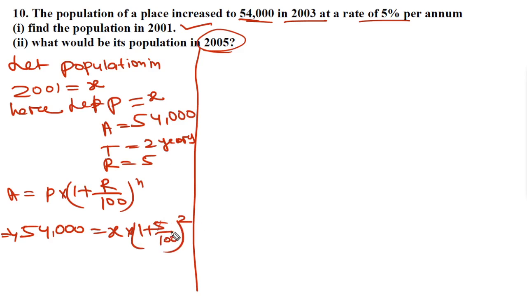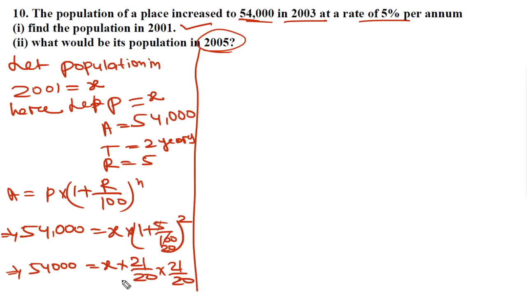Now you can cancel it here. It will be 20. So 1 plus, it will be 21 by 20. So implies 54,000 is equal to x into 21 by 20 into 21 by 20.